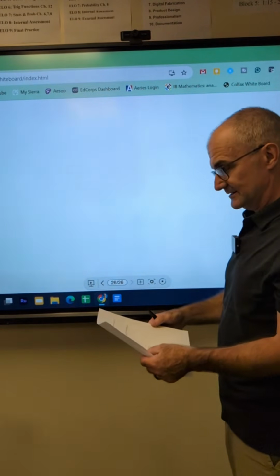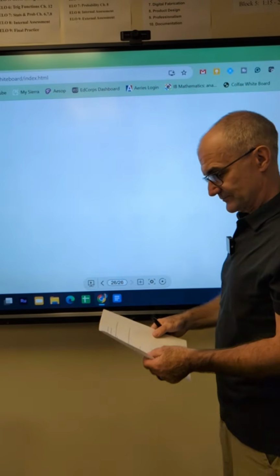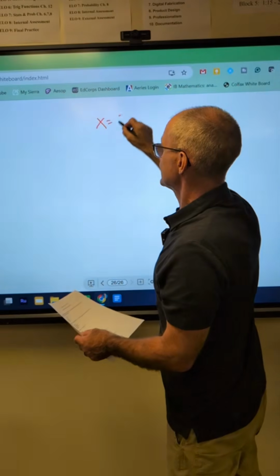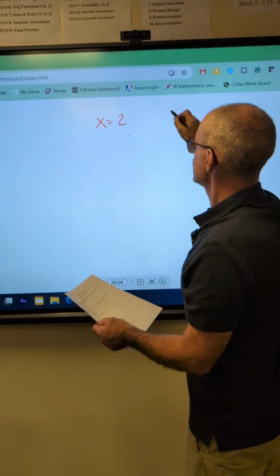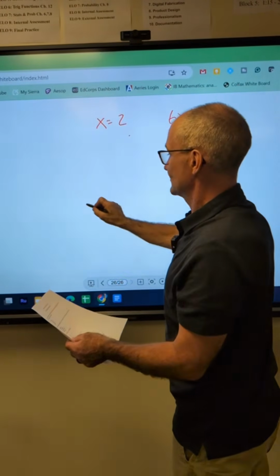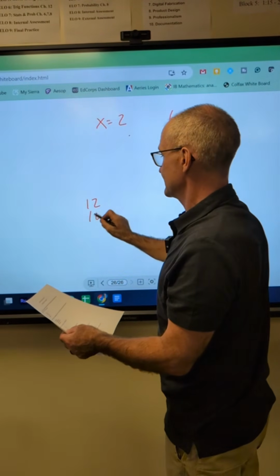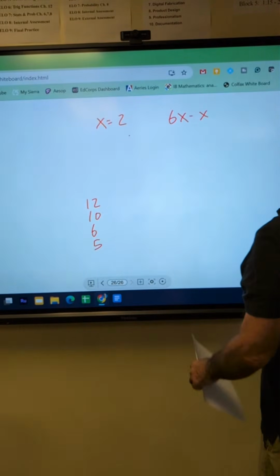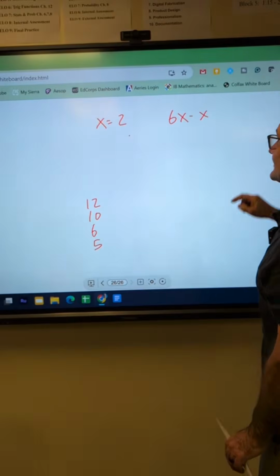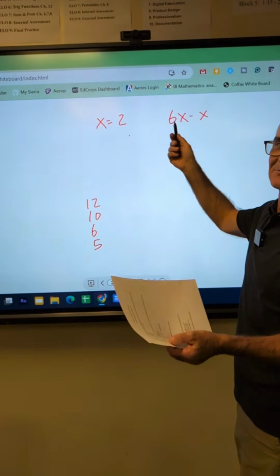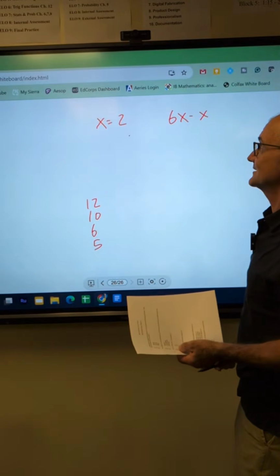Okay. There's another problem. If x is equal to 2, 6x minus x is equal to what? 12, 10, 6, or 5. Before I even do this problem, the one thing I see is that there's a subtraction sign here and multiplication, so that's kind of going to be the trick.